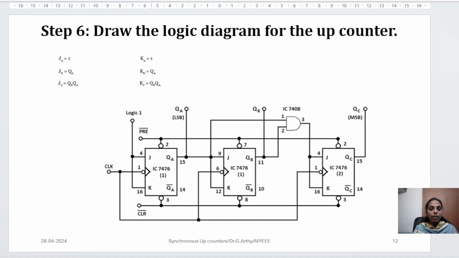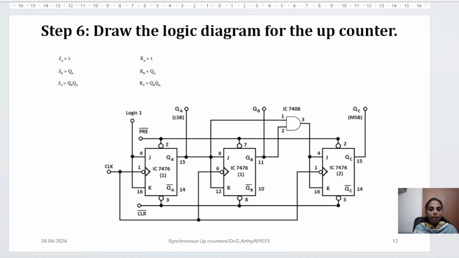This is the first flip-flop. For the first flip-flop, J and K are 1, so logic 1 is given. For the second flip-flop, J is QA, so QA is given to JB. Similarly, KB is also QA, so QA goes to KB as well. Then for JC and KC, the values are QA and QB.